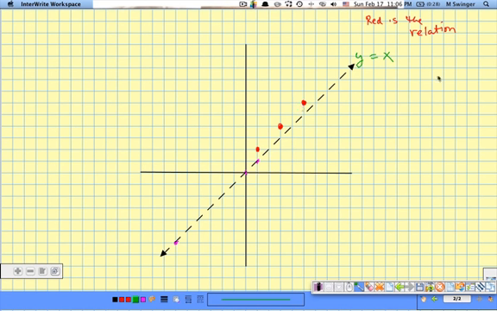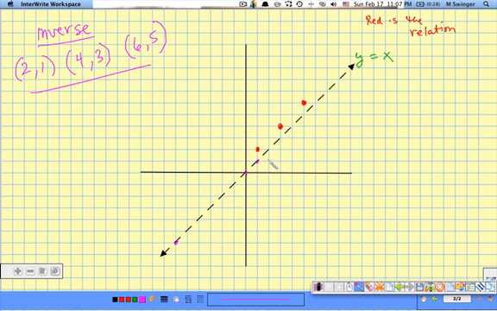Now I'm going to graph the inverse, and we'll put those in purple. So the inverse of that was what? It was 2, 1, 4, 3, and 6, 5. There was the inverse, which we said earlier, right?